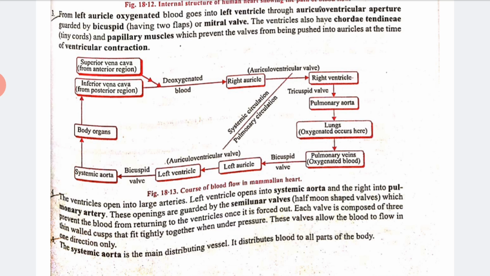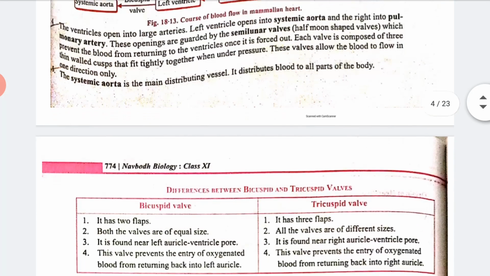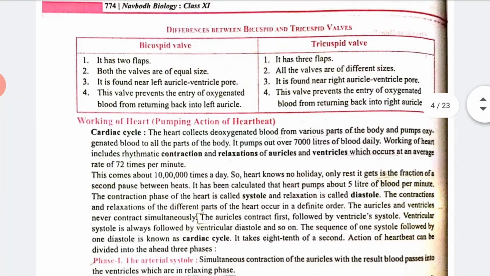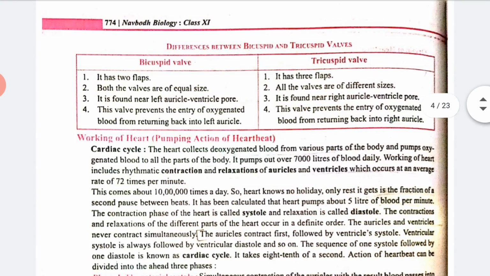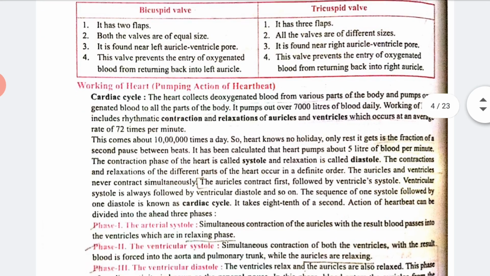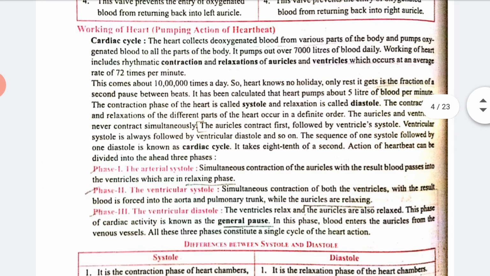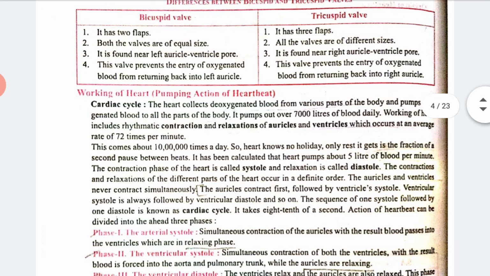Now let's see the working of the heart, means the pumping action of the heartbeat. Before that there is a difference between bicuspid and tricuspid valves, you can see. Now let's talk about the working of the heart.